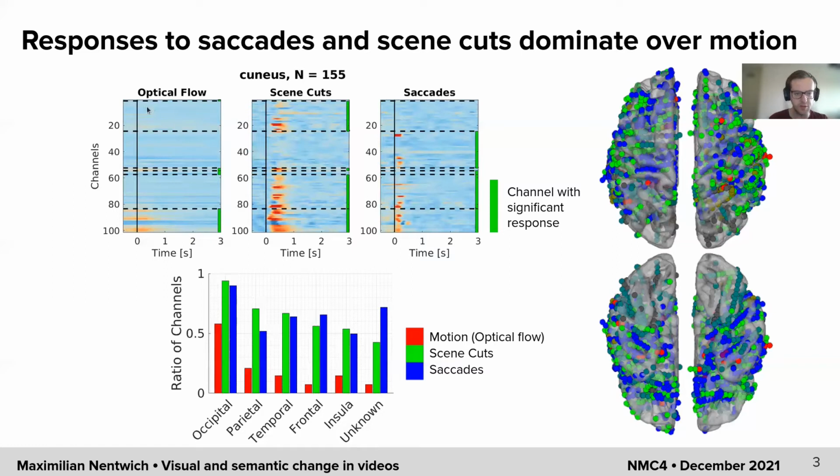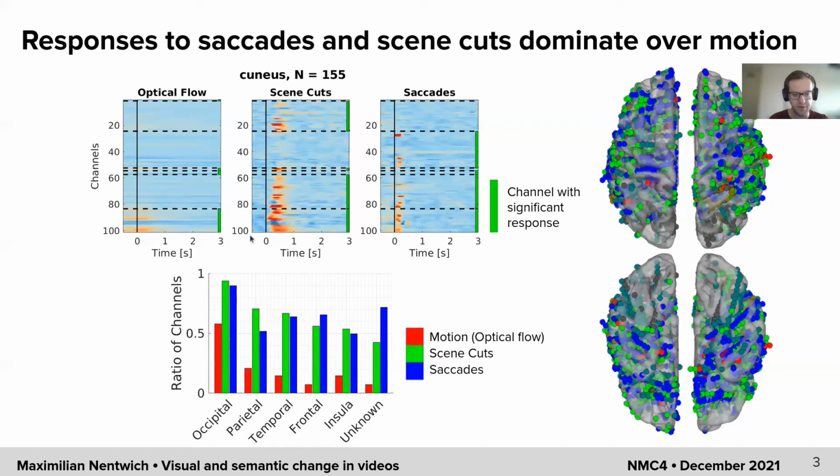Each block shows groups of channels where the responses are significant for different combinations of features. For example, here, these are channels that respond to saccades, but not to cuts and optical flow. The second plot is channels that respond to cuts, but not to optical flow and saccades.